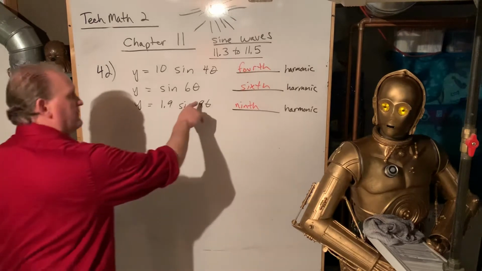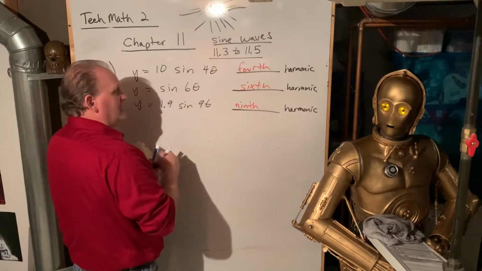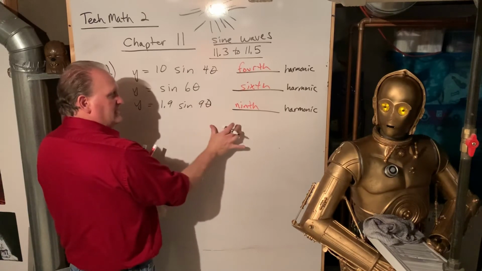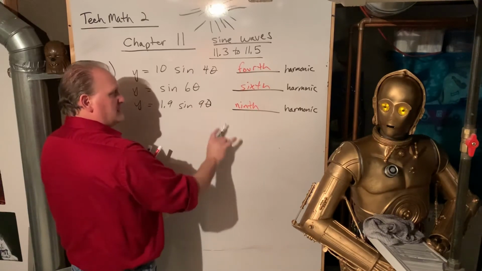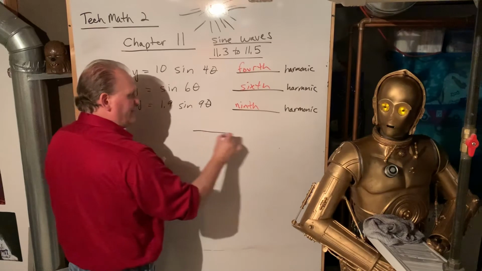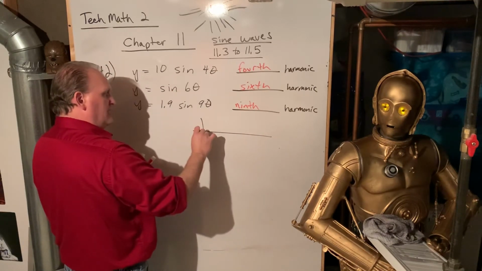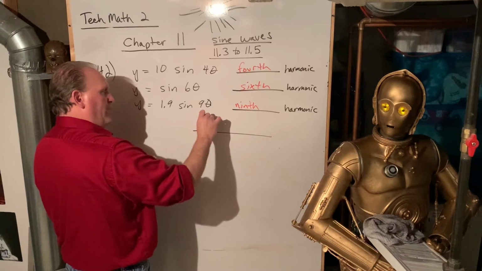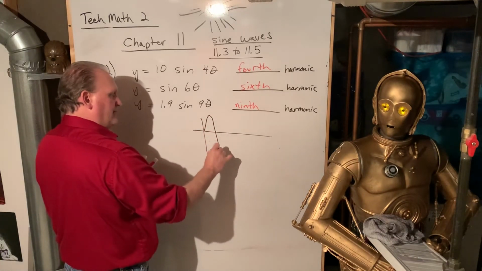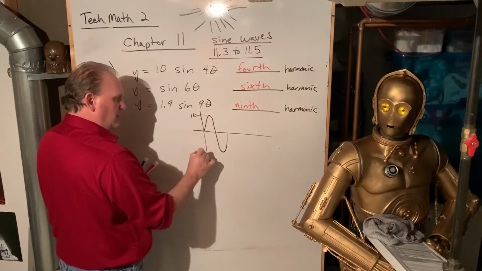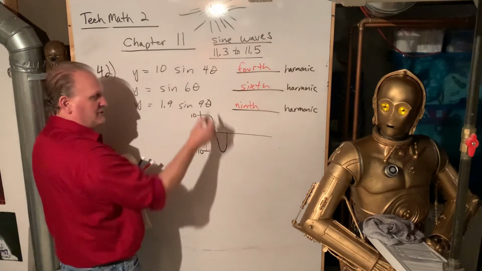It's just whatever number is in front of there. That's how many cycles happen in a 360 degree period. So it's going to look all squished down. If I had a 4, this 10 would pull it way up high, way down low. So instead of going up to 1 and down to negative 1, it would go up to 10 and down to negative 10. That's the amplitude.